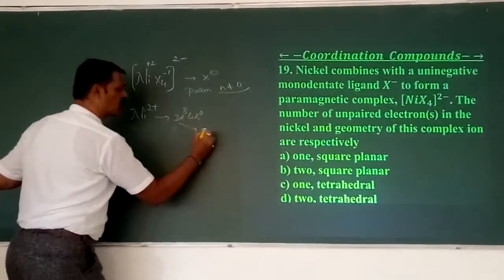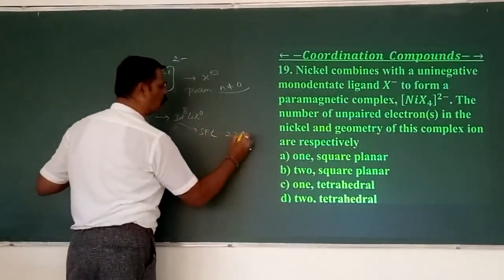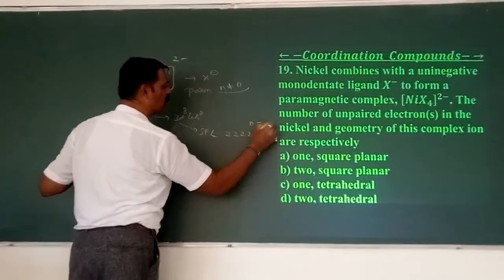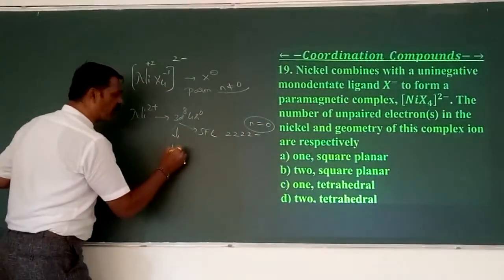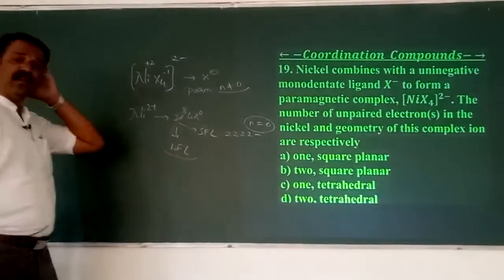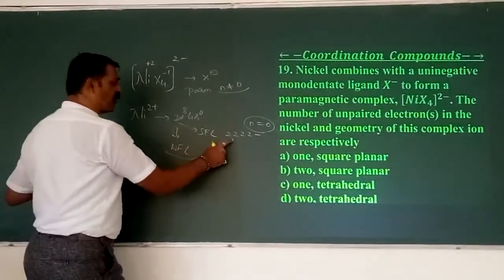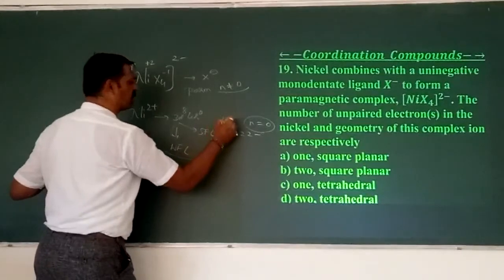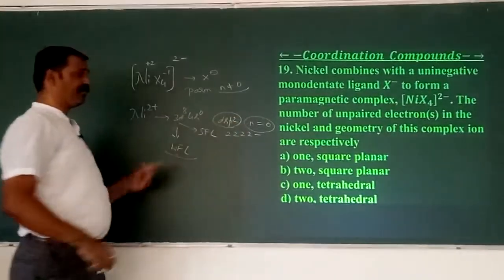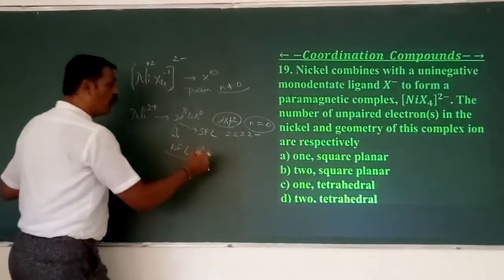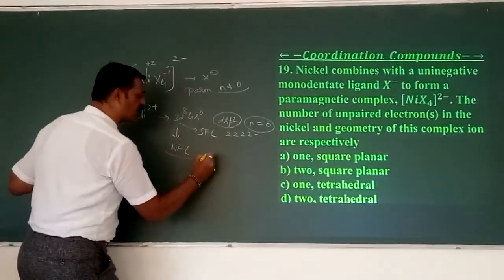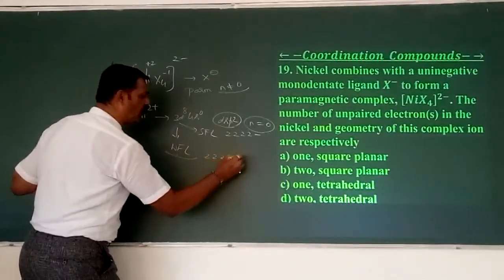If it is a strong field ligand, can I say it is 2, 2, 2, 2, 0, meaning N is equal to 0? No, it is not possible, I think. That would be dsp2 square planar with N equal to 0, but it is not correct. If it is a weak field ligand, d8 means 2, 2, 2, 1, 1.